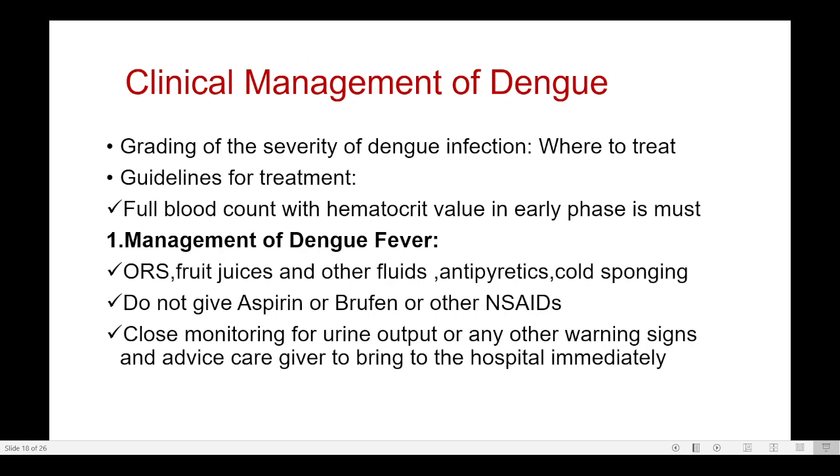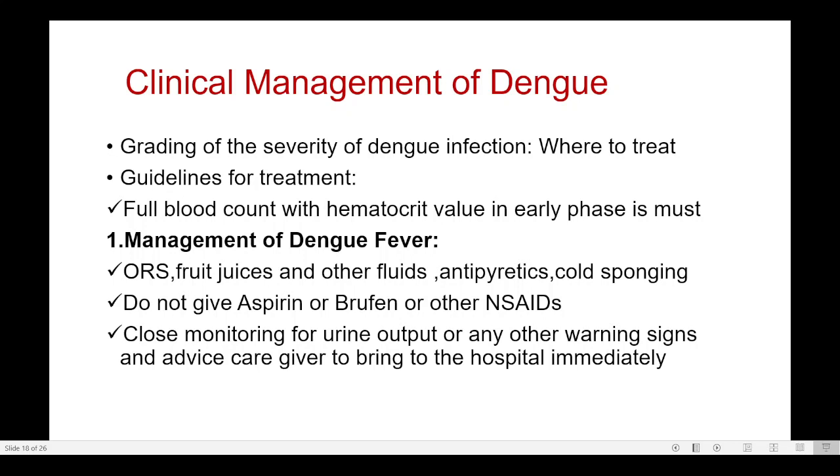Now coming to the clinical management of dengue. The WHO grading of the severity of dengue infection is very important, because depending on this we have to decide where to treat the patient, whether he or she can be kept at home or needs hospitalization.